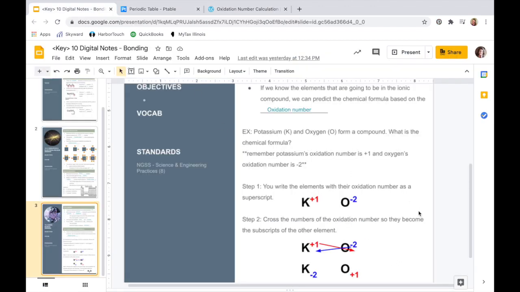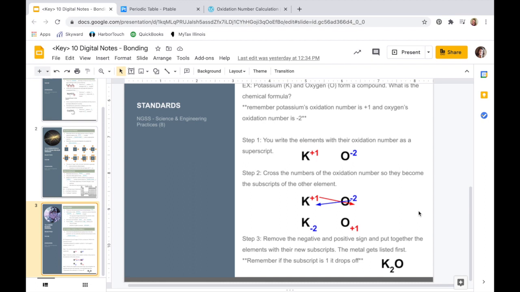For the second step, we're going to cross the numbers of the oxidation numbers so they become the subscripts of the other element. So this oxidation number that we had for potassium is going to drop to become the subscript of oxygen, and then this oxidation number of oxygen is going to cross over and drop to be the subscript of potassium.